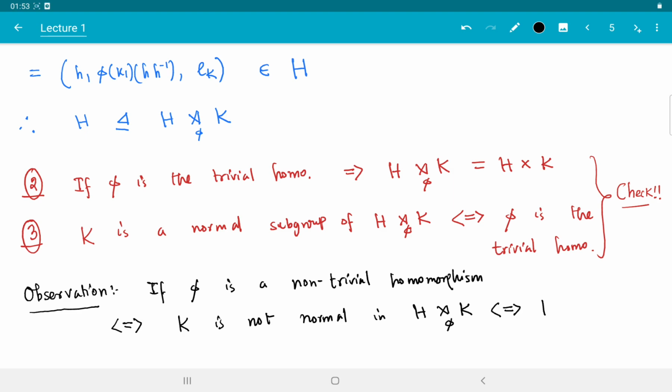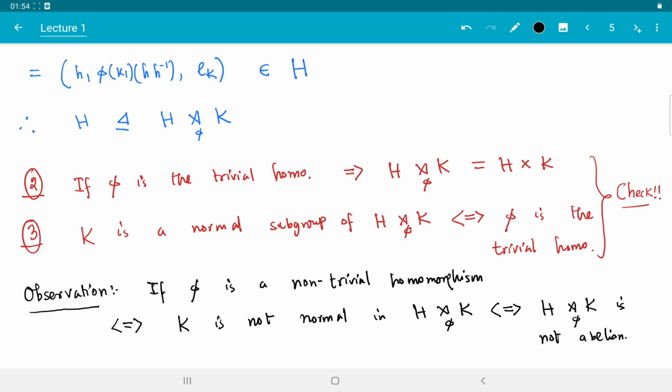And this is if and only if H semi-direct product K is not abelian, because if the semi-direct product of H and K is abelian, then K as a subgroup of this product is also normal, right?